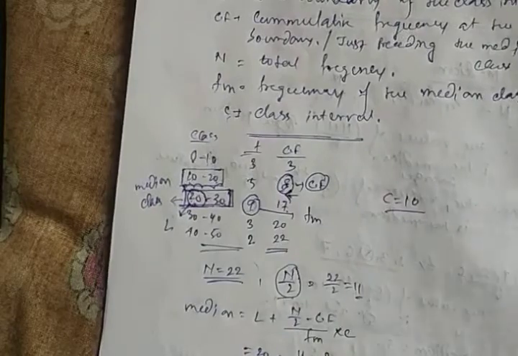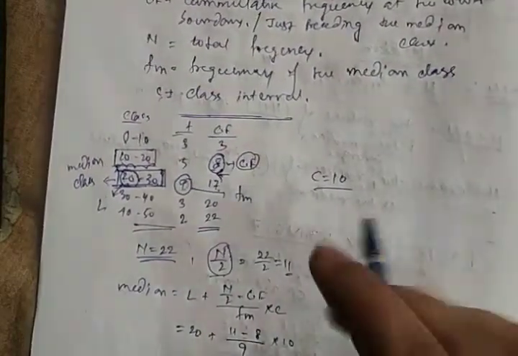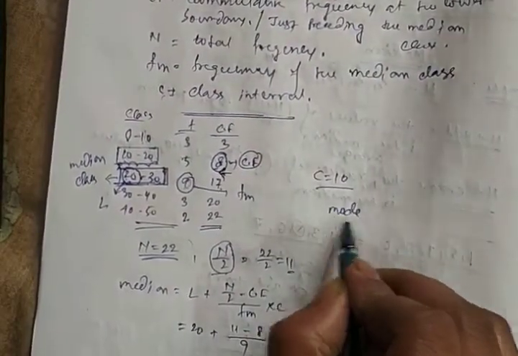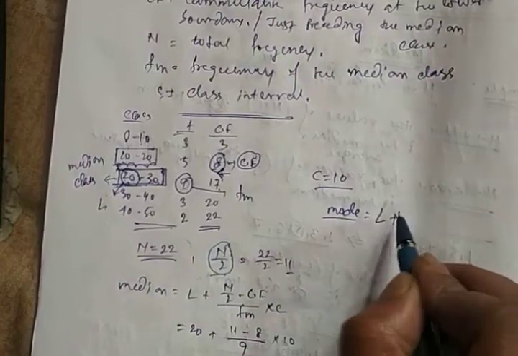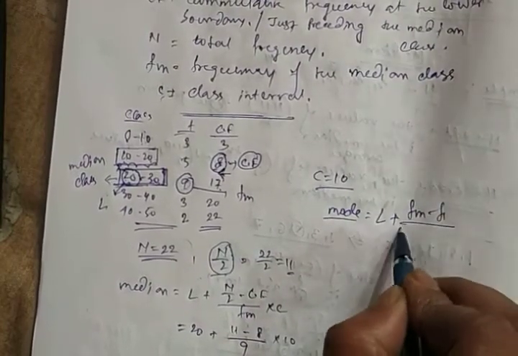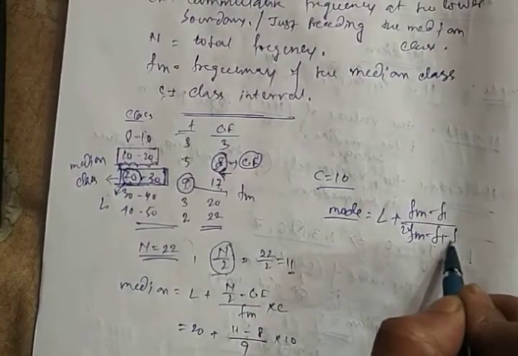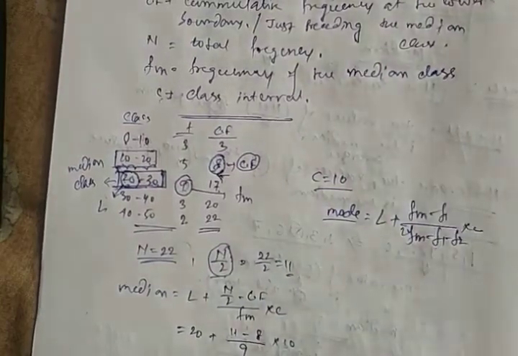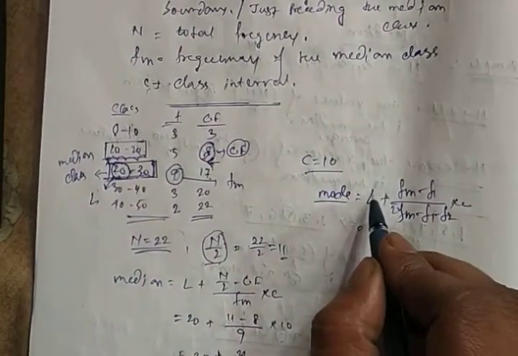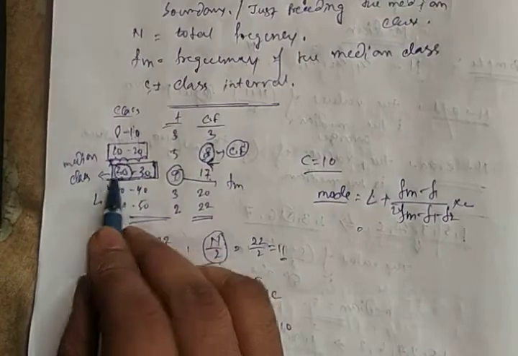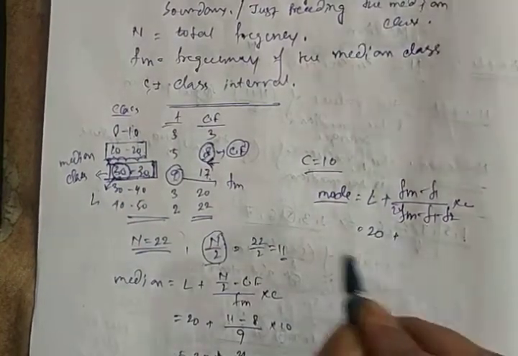Now if we calculate the mode, the formula is L plus (Fm minus F1) divided by (2Fm minus F1 minus F2), into C. Here L is the lower boundary of the modal class, which is 20.